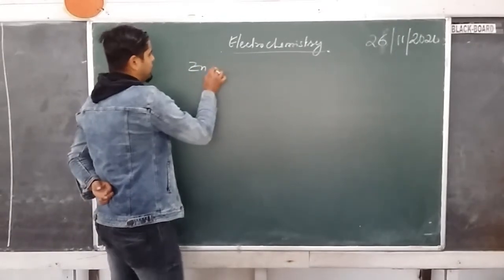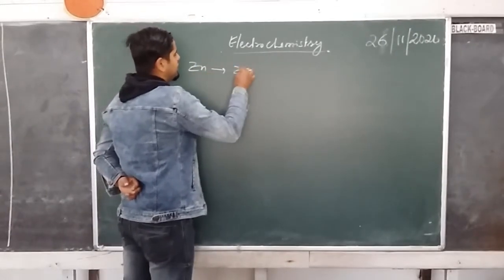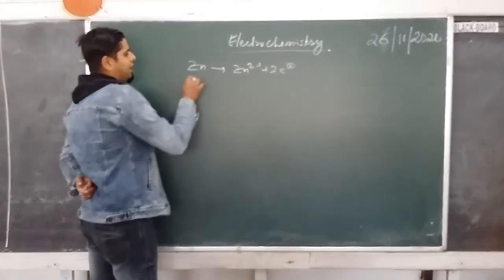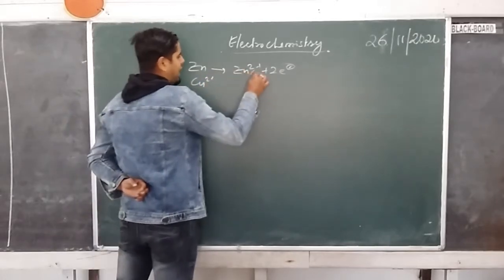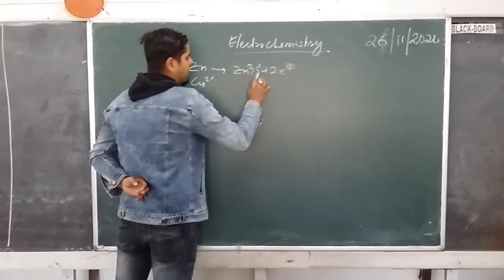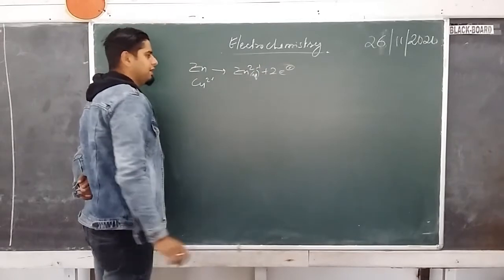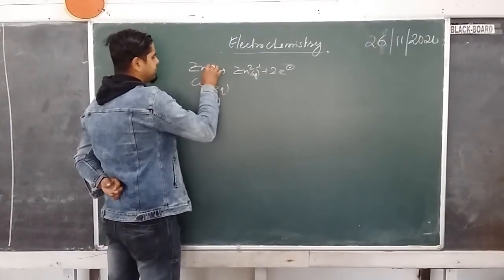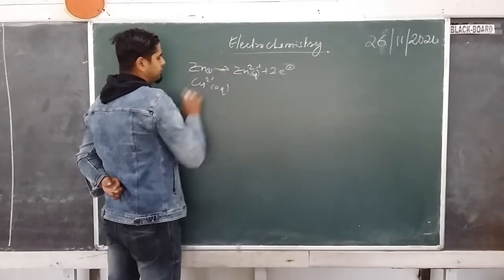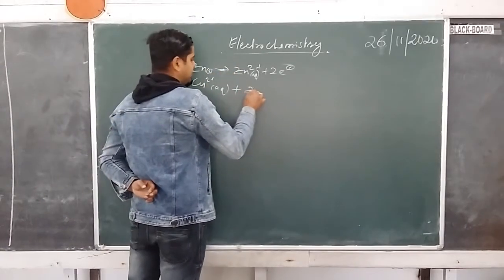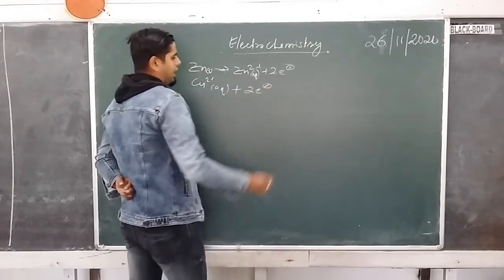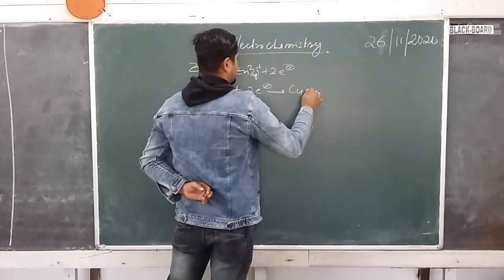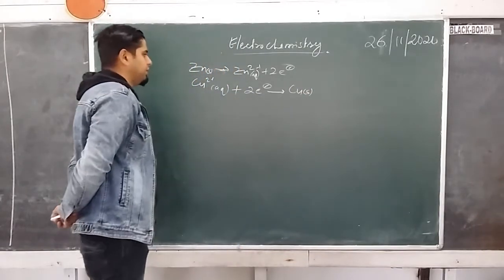Yes or no? It is producing zinc 2+ ion plus 2 electrons, and copper 2+. Let me write aqueous because it is in the aqueous medium, since this is electrolyte. Copper aqueous, receiving 2 electrons, and it is forming what? Copper solid. Yes or no? Neutral copper.